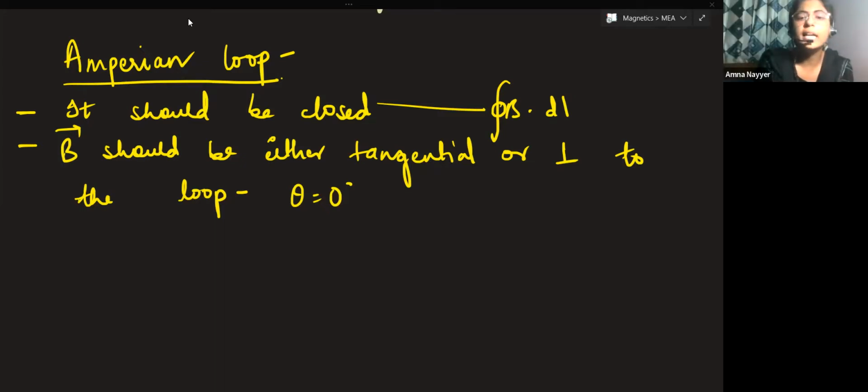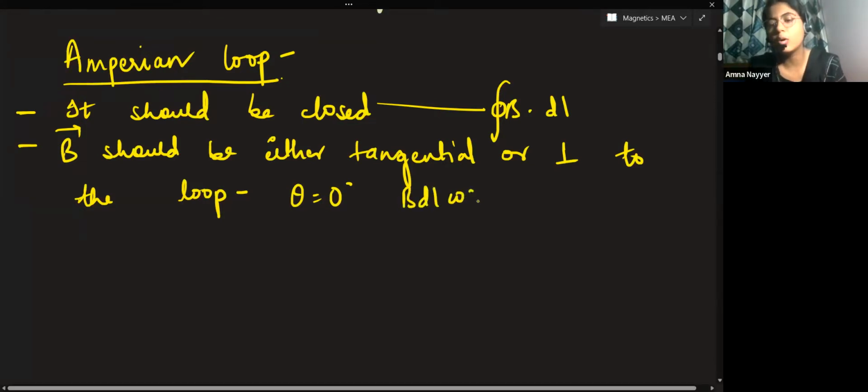So magnetic field should either be tangential or perpendicular to the loop. In B dl cos theta, cos 0 degree becomes 1 and you can directly use B dl. So that's why we prefer this B dot dl.